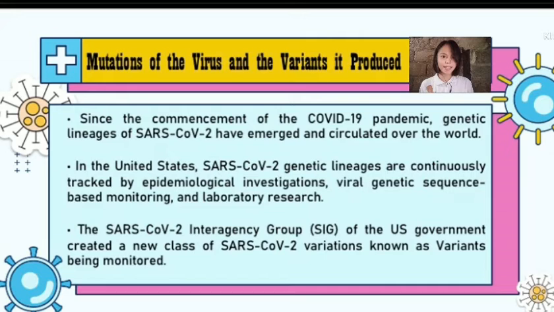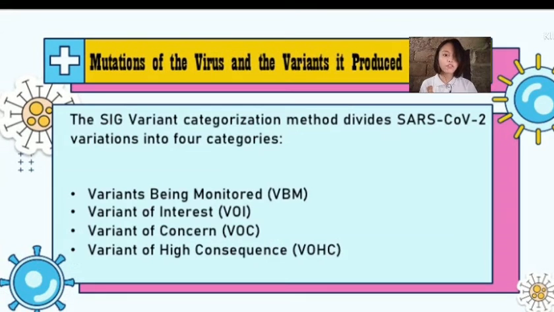In the United States, SARS-CoV-2 genetic lineages are continuously tracked by epidemiological investigations, viral genetic sequence-based monitoring, and laboratory research. There is a group in the US government called the SARS-CoV-2 Interagency Group that created a new class of SARS-CoV-2 variants. There are 4 categories: variants being monitored, variants of interest, variants of concern, and variant of high consequence.